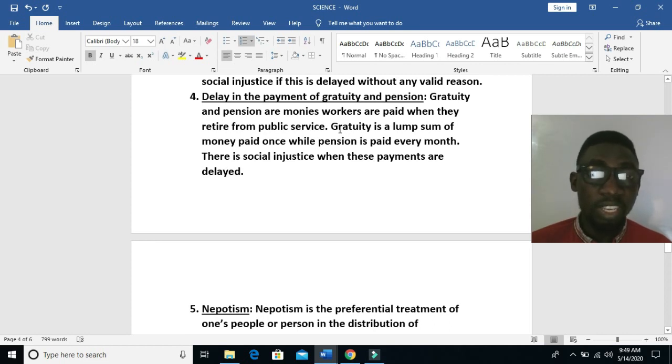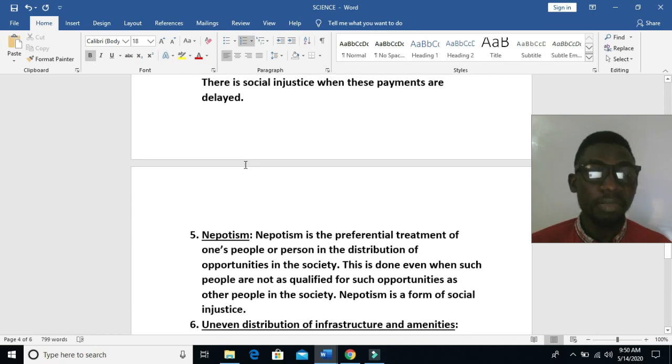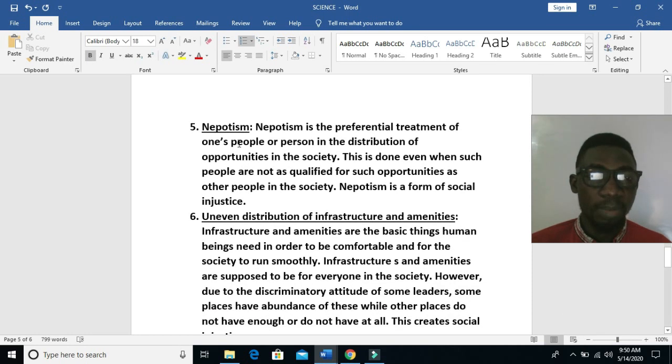So these two payments, when they are delayed, it is a form of social injustice because the people who are entitled to receive such payment, it is their right. So the concluding part says there is social injustice when these payments are delayed with no valid reasons or explanation. Number five, nepotism.